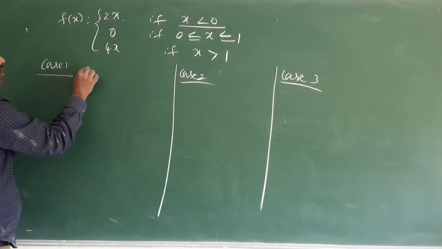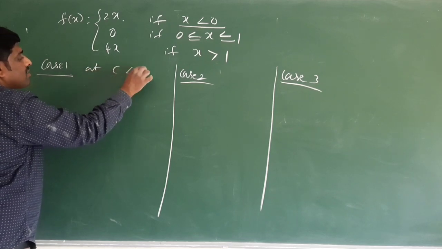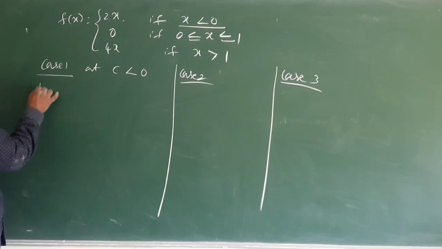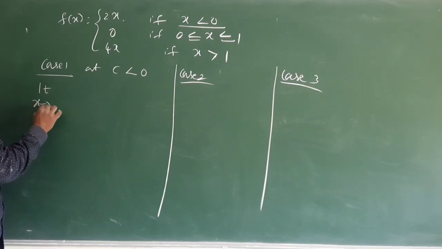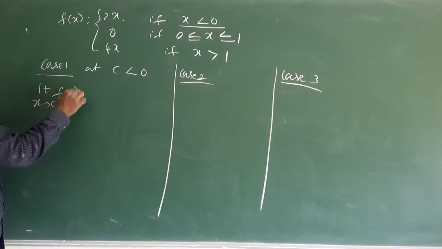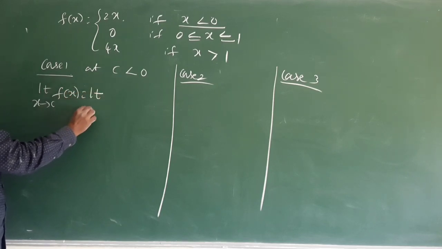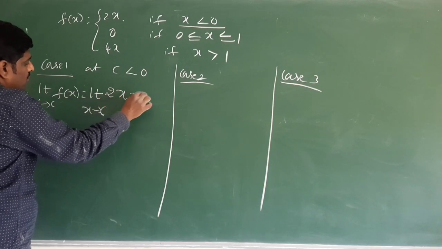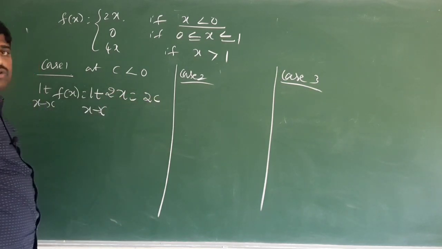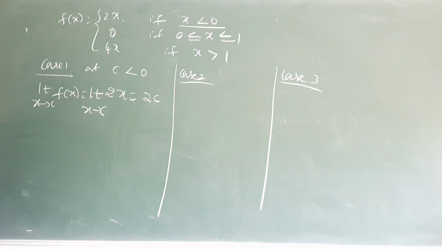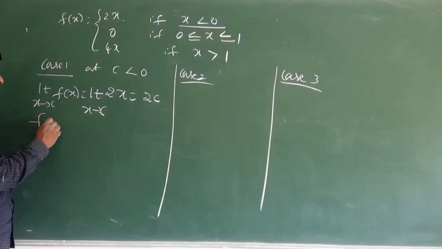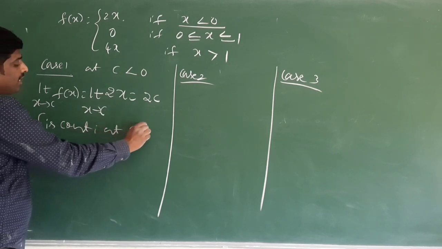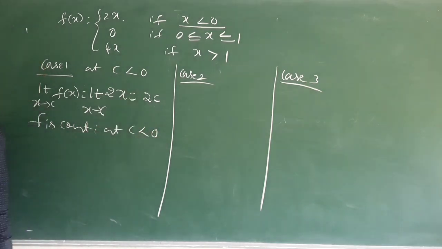See, first at c less than 0 or x less than 0, limit x tends to c of f of x equals limit x tends to c of, what is f of x? 2x. Therefore 2c. 2c is nothing but f of c. Therefore f is continuous at c less than 0.